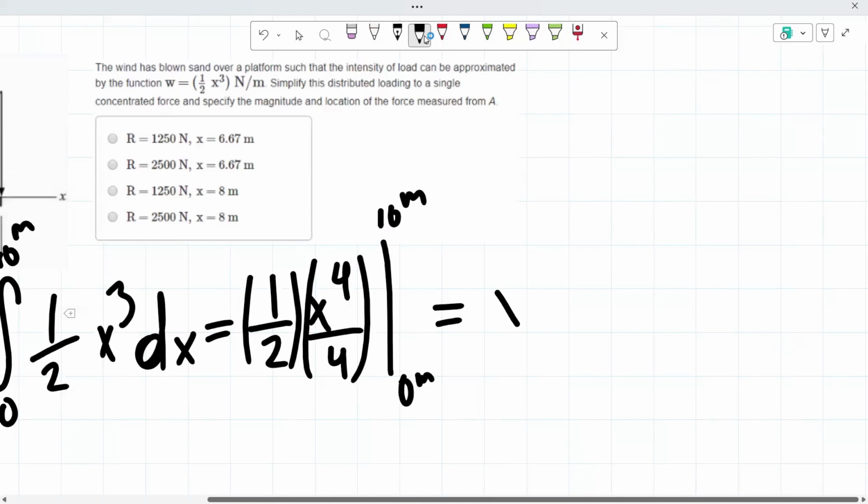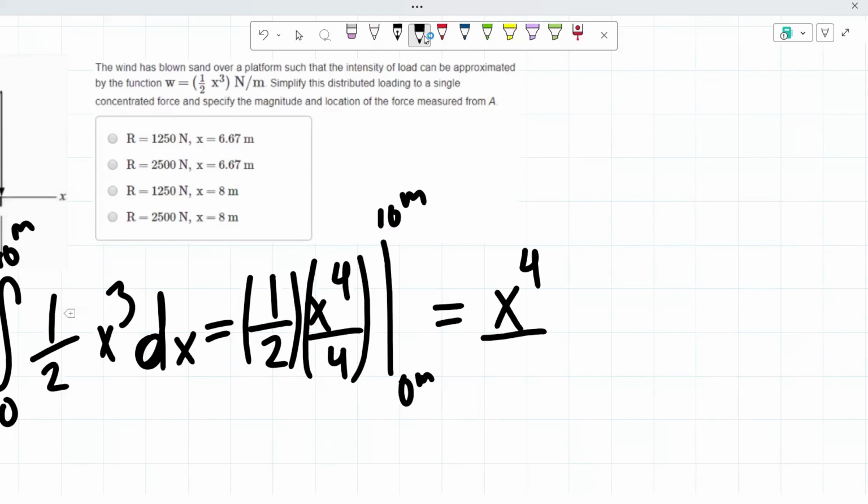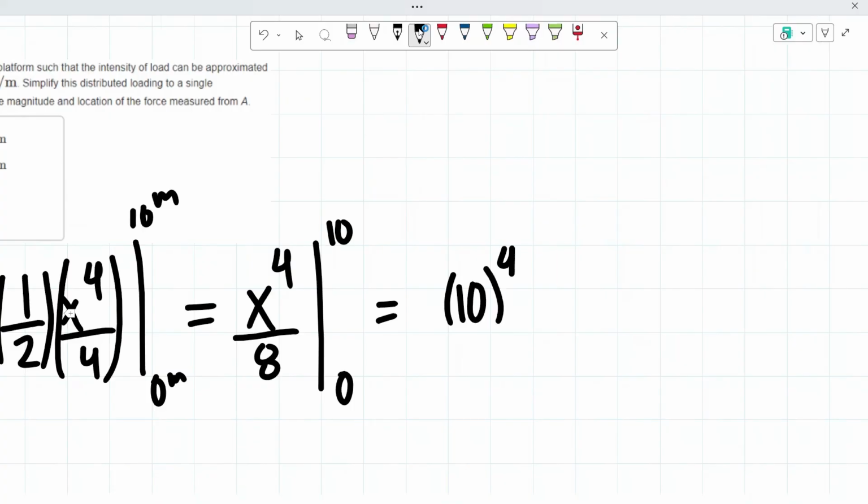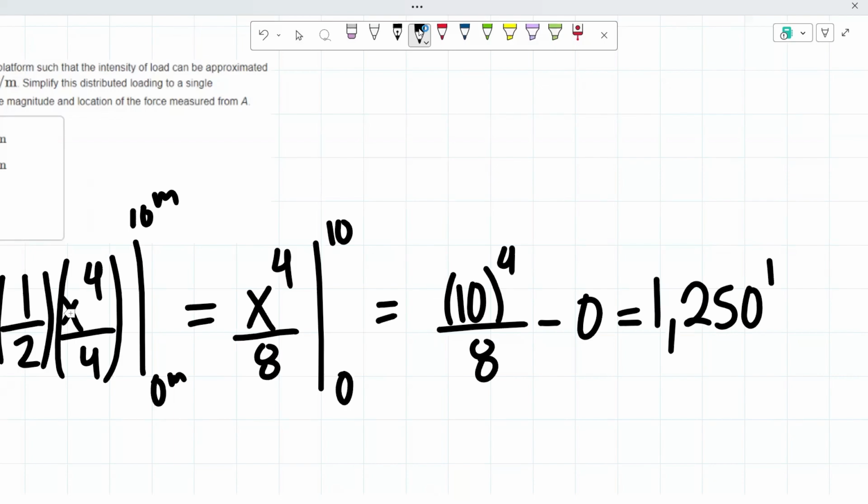If we simplify that, we would get x^4 over 8 from 0 to 10. If we continue simplifying, we would get 10^4 over 8 minus, we know that the second part would be 0, so 0, which is equal to 1,250 newtons.